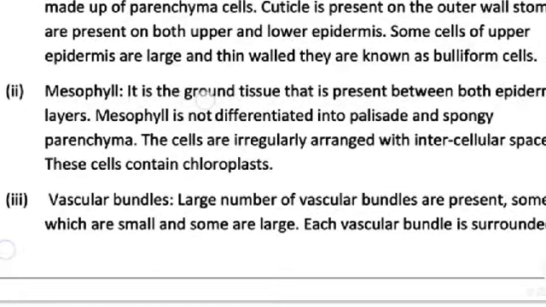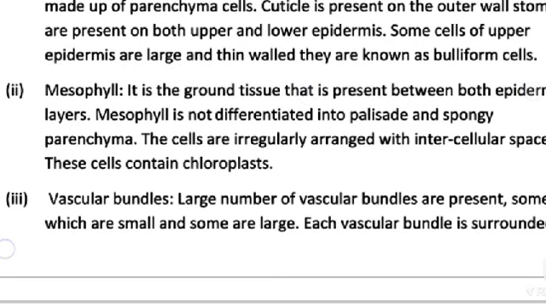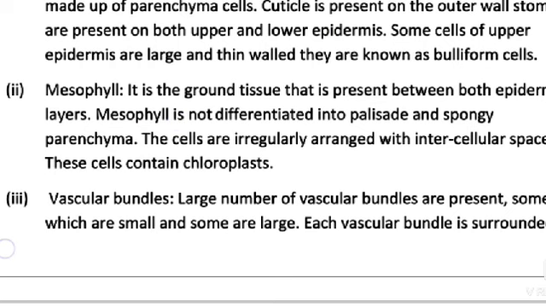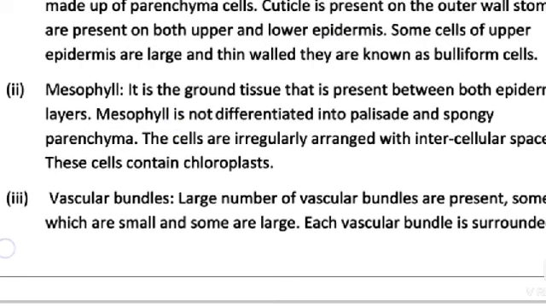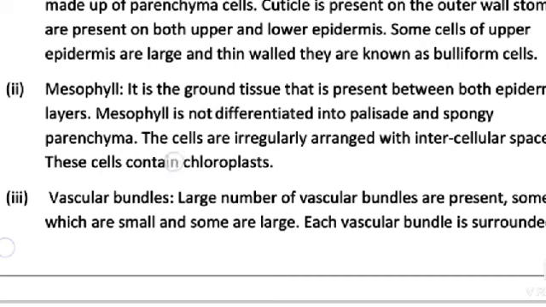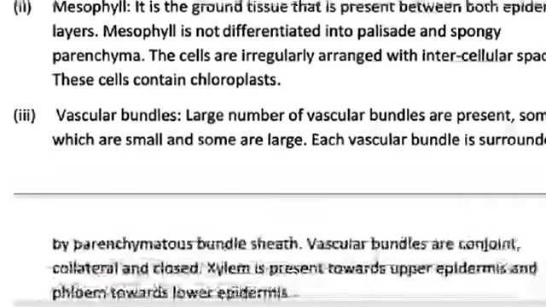Mesophyll: it is the ground tissue present between both epidermal layers. Mesophyll is not differentiated into palisade and sponge parenchyma. These cells are irregularly arranged with intercellular space and contain chloroplasts.